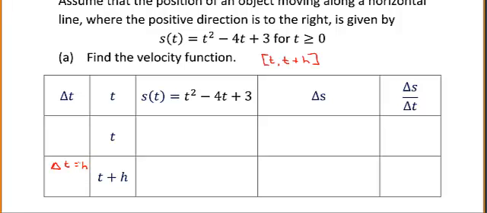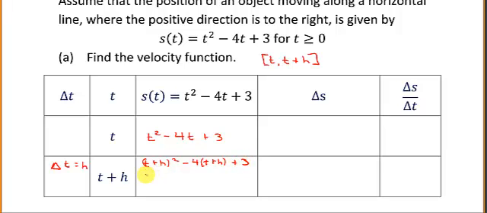At the beginning of the interval at time t, s of t is t squared minus 4t plus 3. At the end of the interval, we have s of t plus h, that's going to be t plus h squared, replace every instance of t with t plus h, minus 4 times t plus h, plus 3.